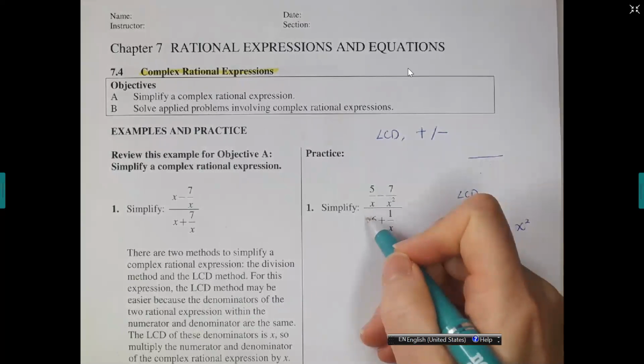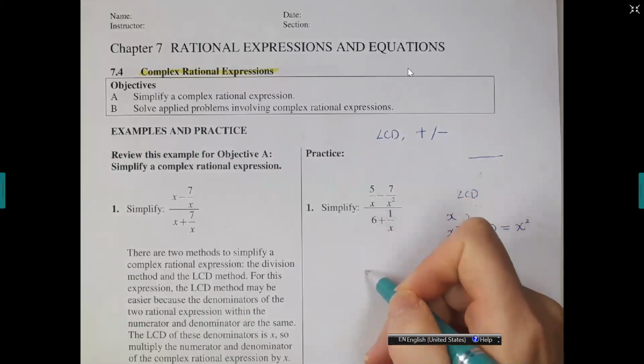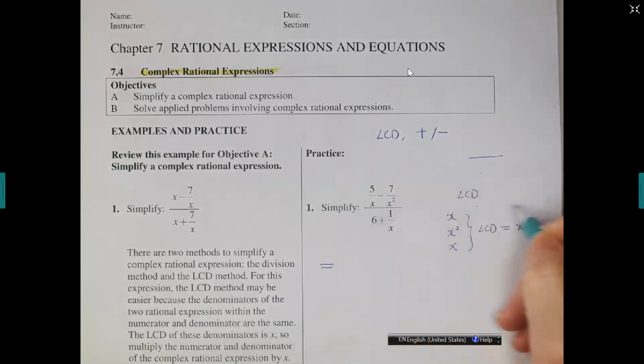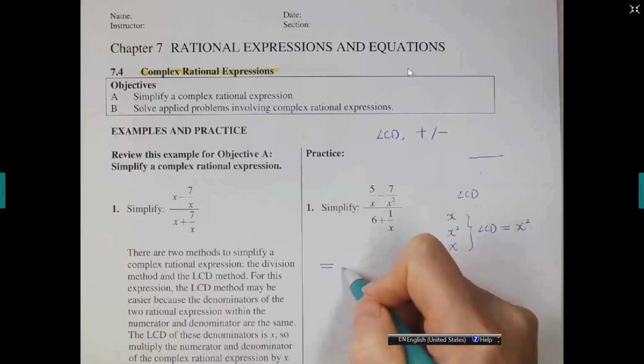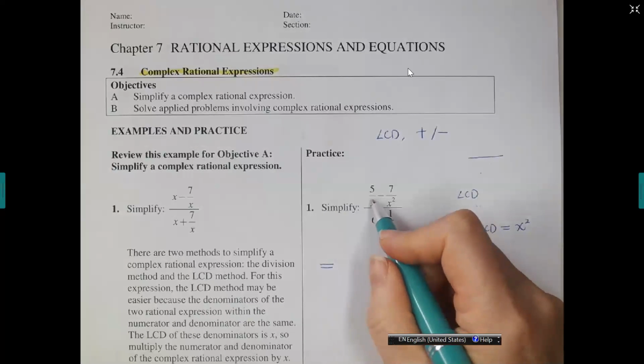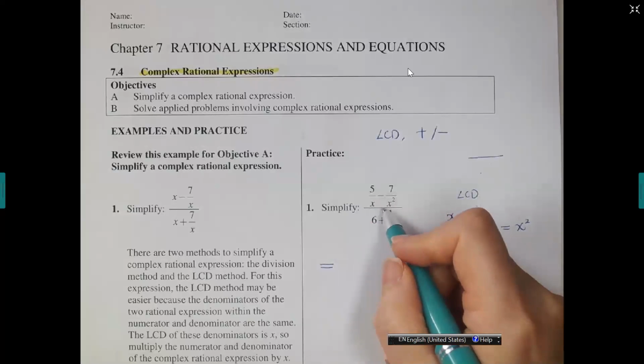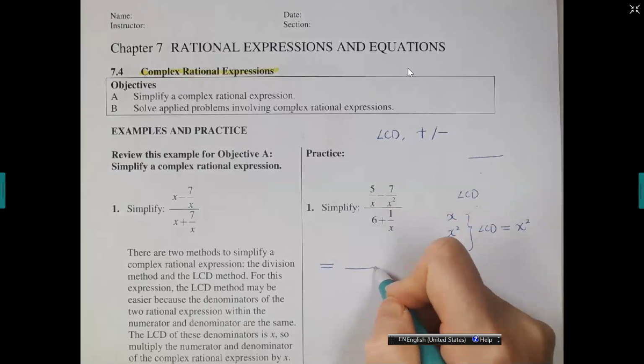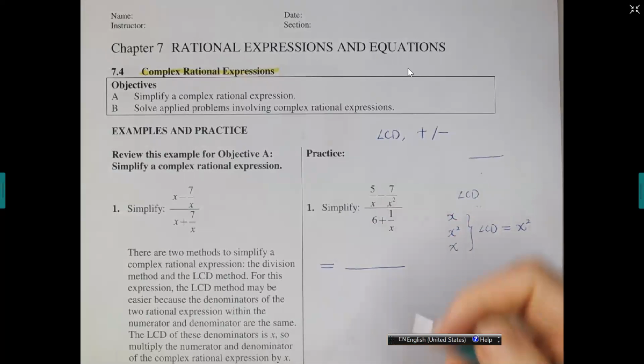Now we go back to the original problem. So having the LCD right here, I'm going to multiply every term in the numerator and denominator respectively. I'm going to rewrite this rational expression and spread them out.